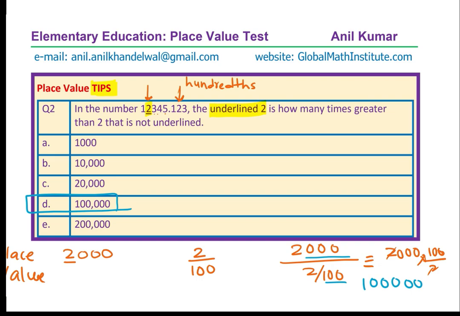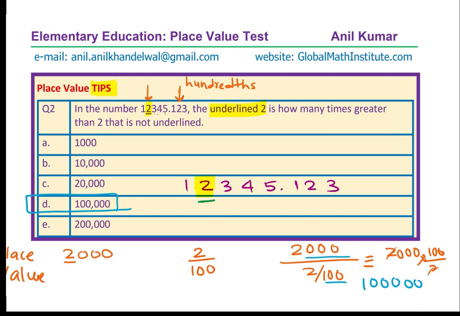The other and easier method is, you can see how many places we move towards the left, right? So let me rewrite this number big and bold and then we'll answer this question. The number is 1, 2, 3, 4, 5.123. We are moving from one value to the underlined 2 value, right?